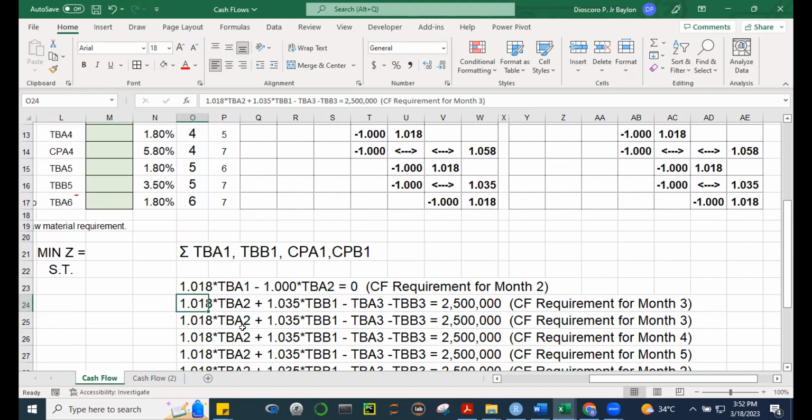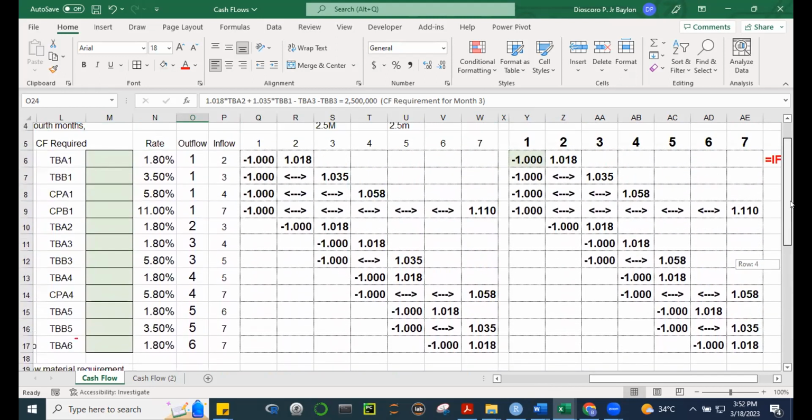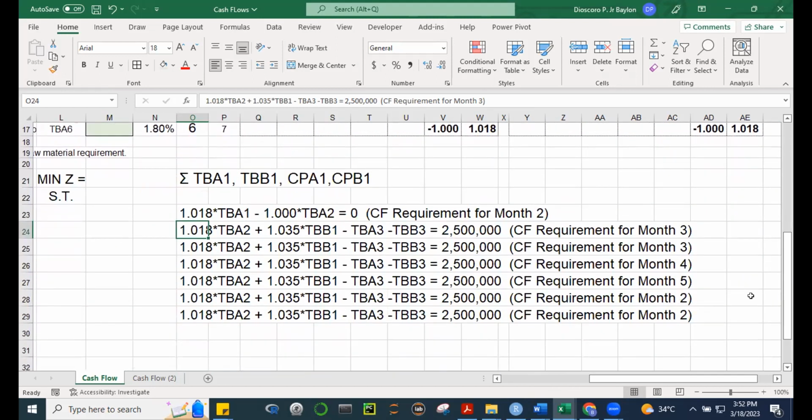We already did month 2, so month 3 is 1.018 TBA2 plus 1.035 times TBB1 minus TBA3 minus TBB3.